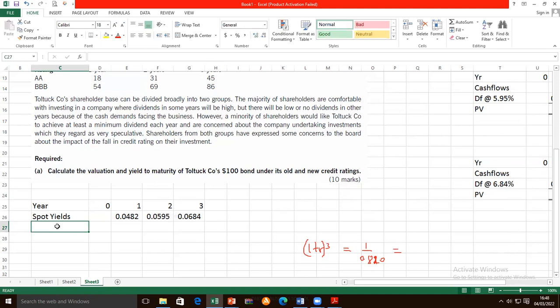Then let us start with the AA credit spreads. What are the spreads for AA?